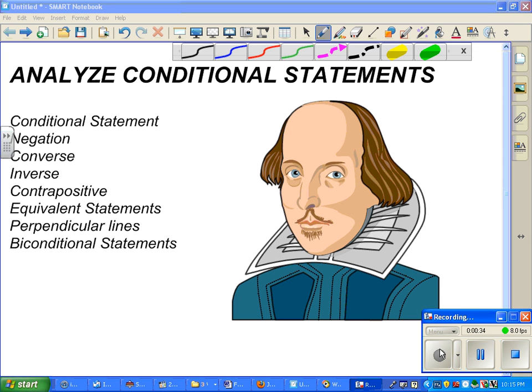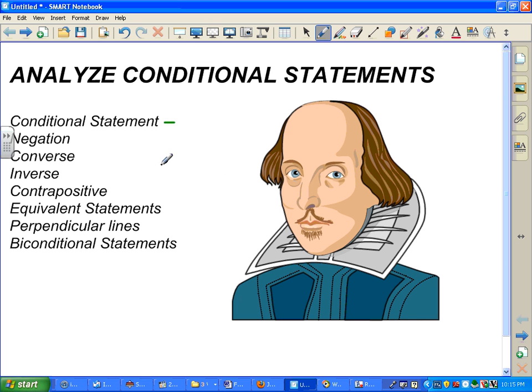Ask questions, because there is a lot to this. We'll be talking about conditional statements, negation, converse, inverse, contrapositive, equivalent statements, perpendicular lines, and biconditional statements.